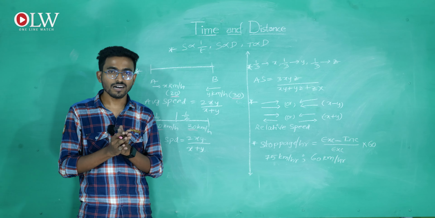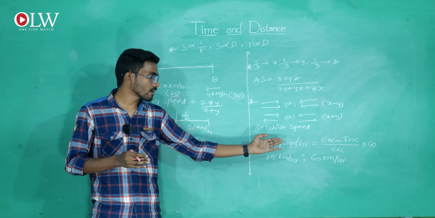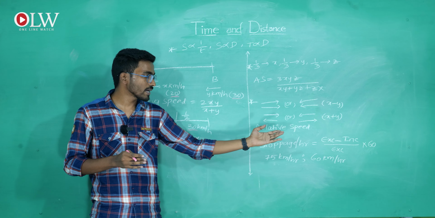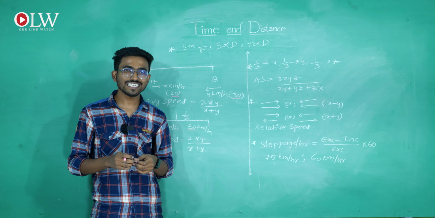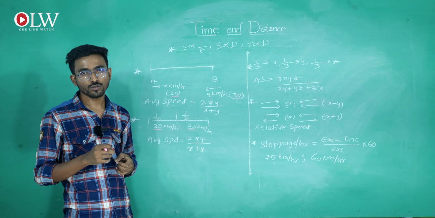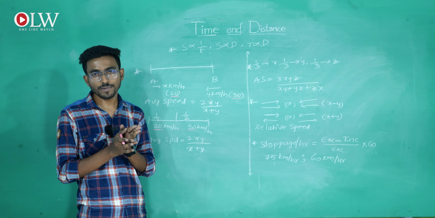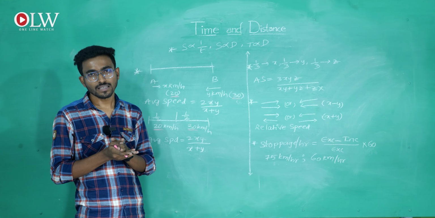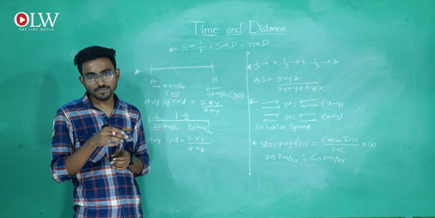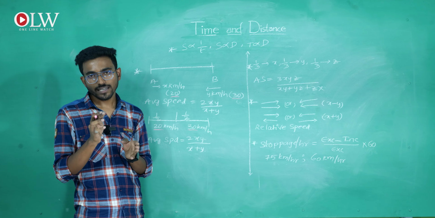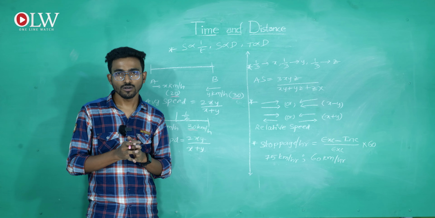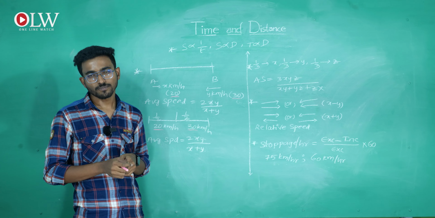Okay, here the formula is stoppage per hour equal to excluding minus including by excluding into 60. 60 means hour. I already told you the units of distance and speed. What are the units of speed and distance? Kilometer per hour and meter per second. Here hours means our time should be equal to 60 only. Suppose percentage.